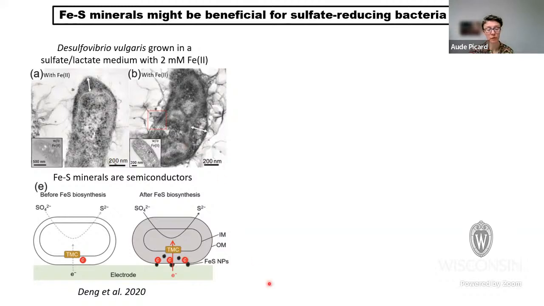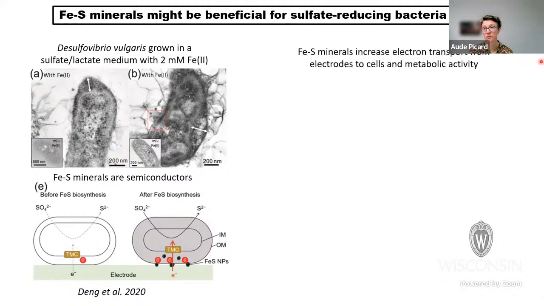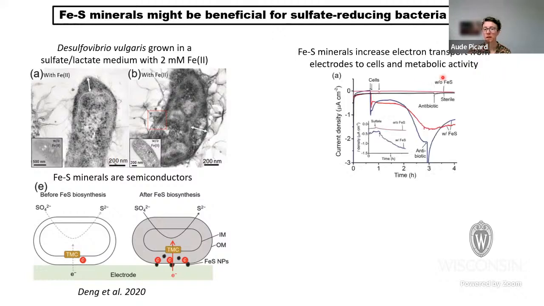Basically, because iron sulfide minerals are semiconductors, there's a potential for enhanced transport of electrons to the cells. It seems that that is what they were seeing. They used a system of electrodes, and this is cells.